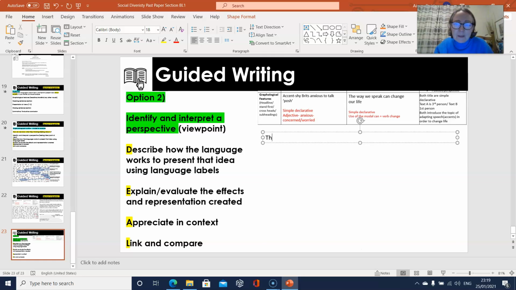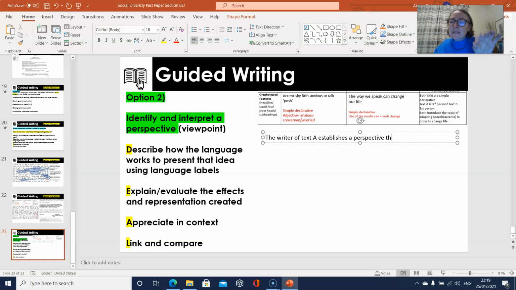So we're going to say, the writer of text A establishes, okay, now we're going to use this word perspective, establishes a perspective that offers the opinion, I'm getting too wordy, sorry.